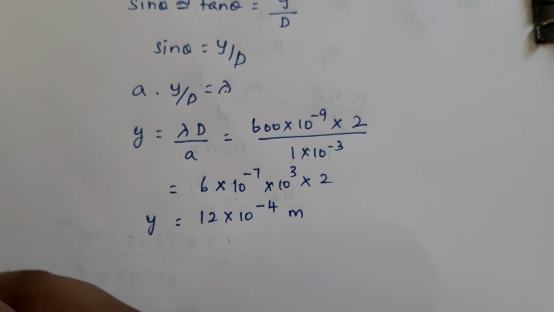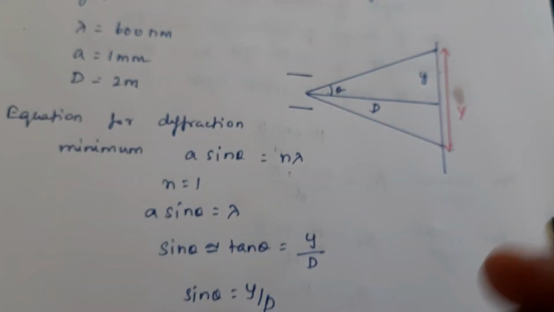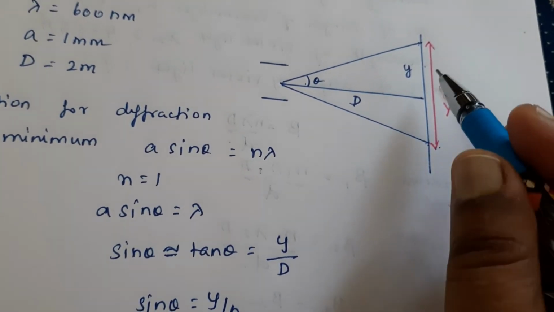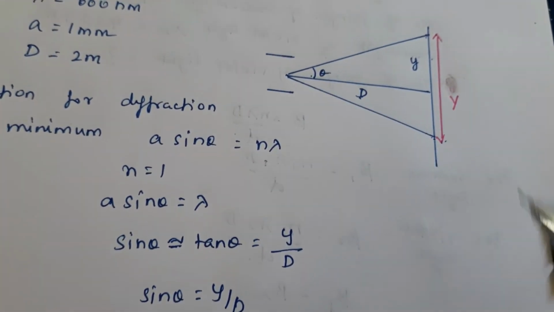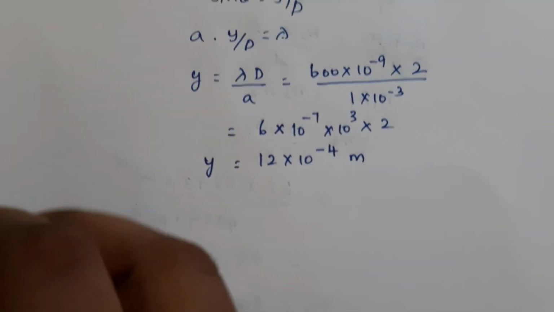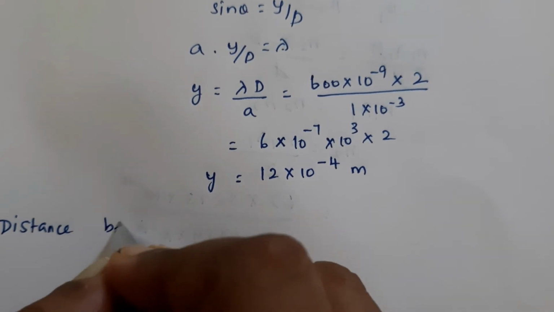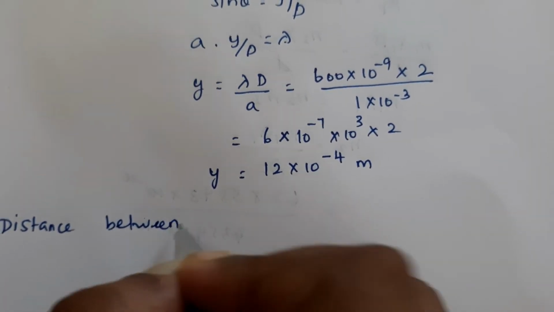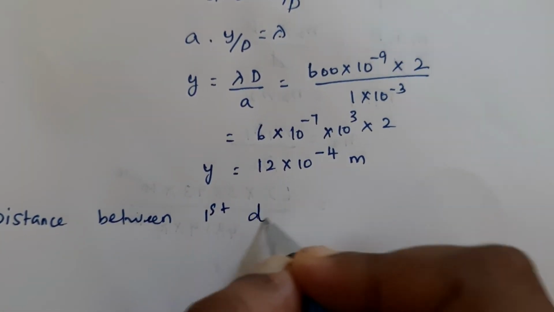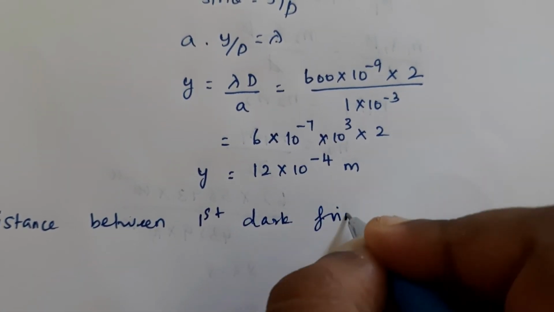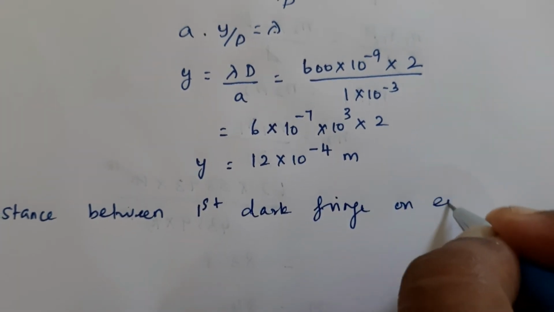Now we have to calculate the capital Y. We have to find out the distance between first dark fringe on either side.